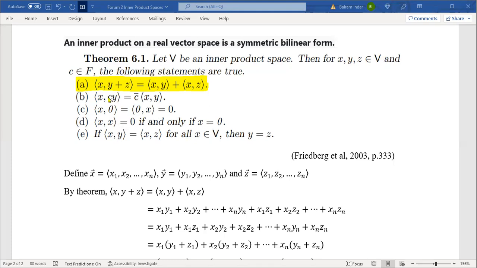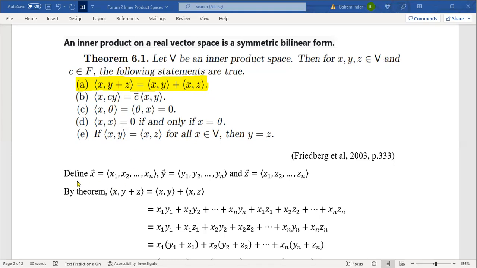Now, when you're dealing with inner product spaces, the components that you will be dealing with are the vectors themselves. As you can see here, the inner product of x and y plus z is equal to the inner product of x and y plus the inner product of x and z. These components in here are vectors themselves.